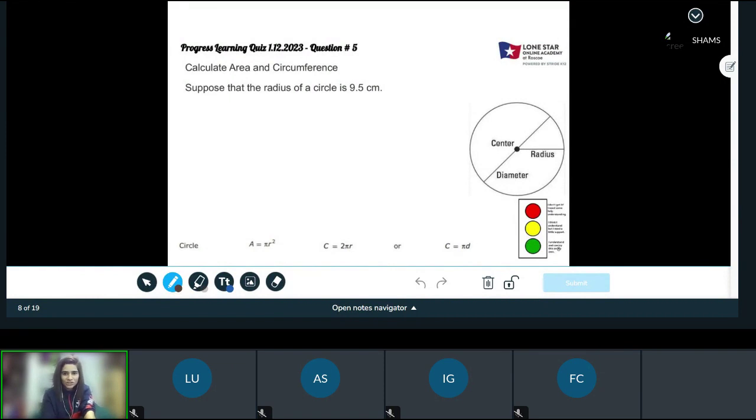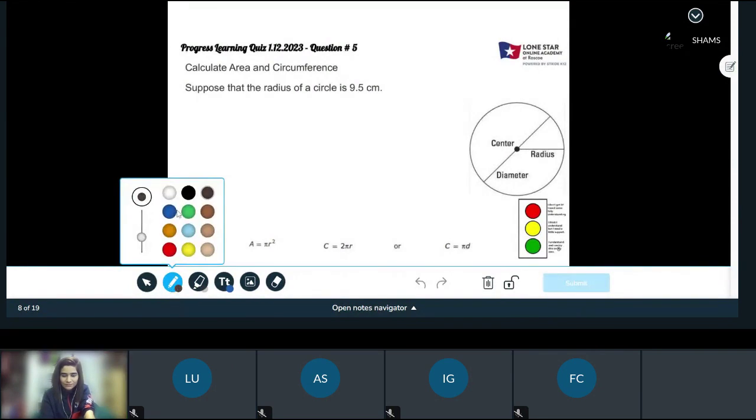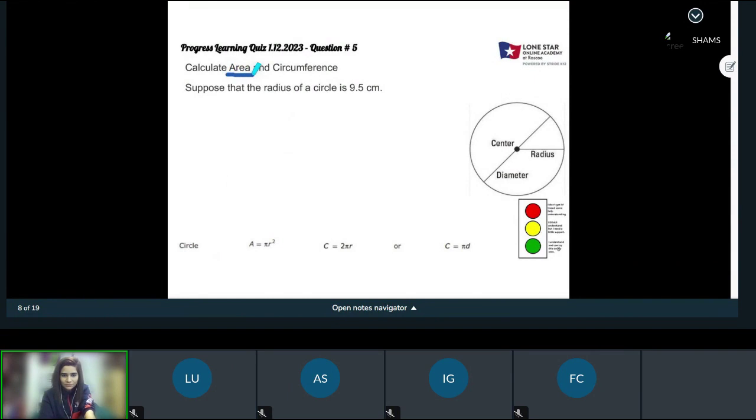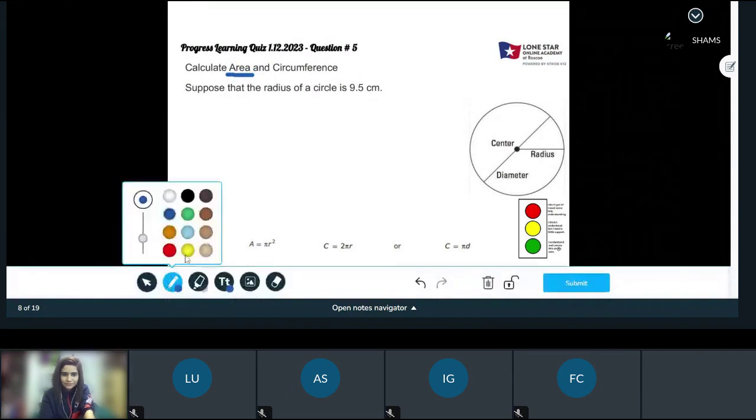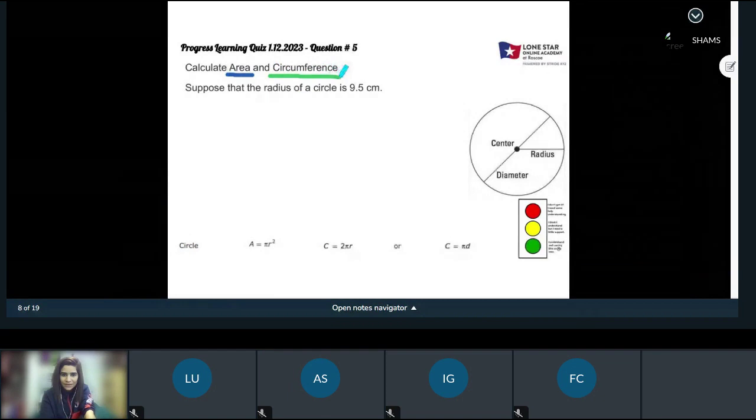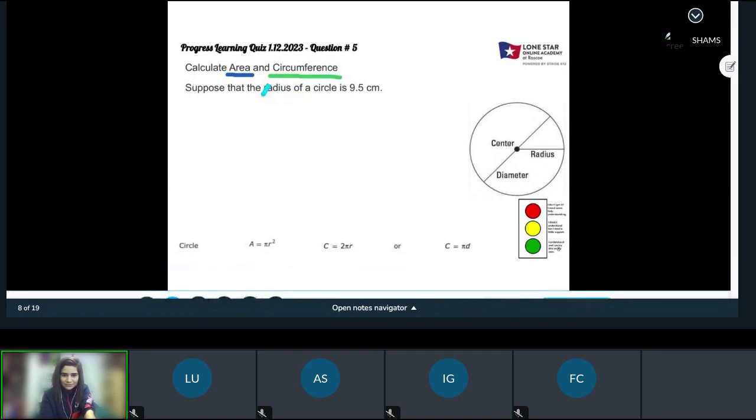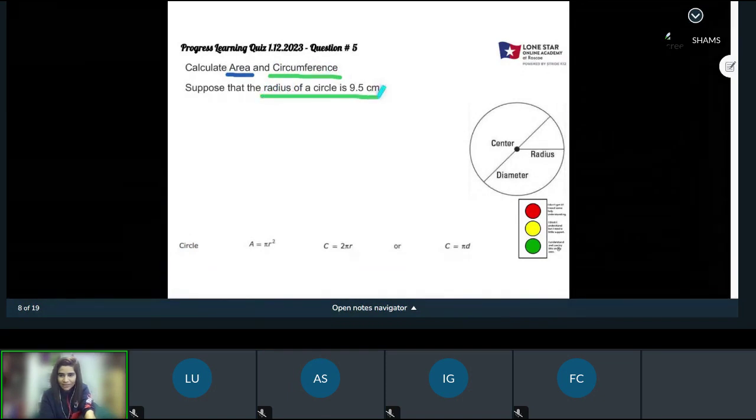Here we have this question and they want you to find area and circumference. They gave you the radius, 9.5.